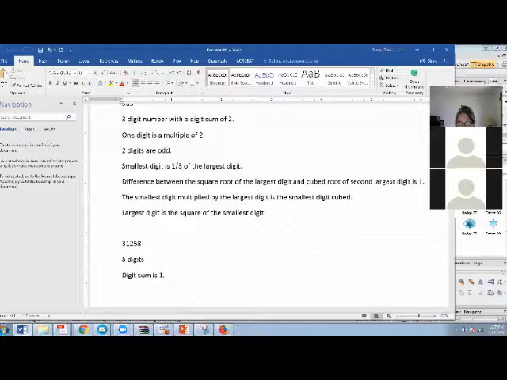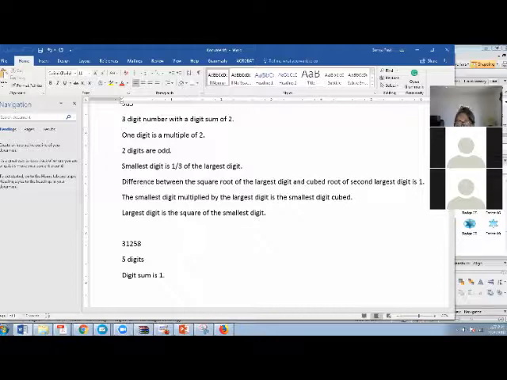I'm trying to figure out how to say the 1 and the 2 equal the largest number. I'm not sure what you mean by that, because 1 and 2 is 3, and the largest digit is 8. Or you want to say the 1 and 2 equal the first digit?